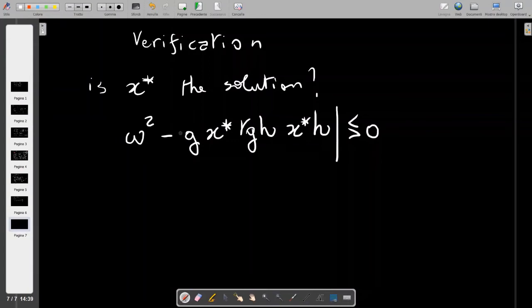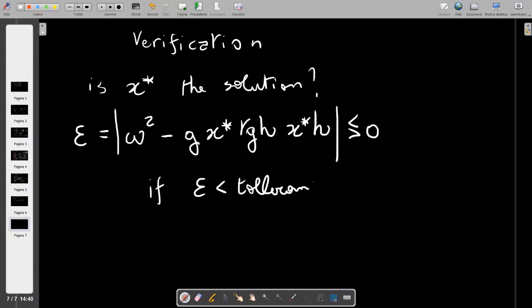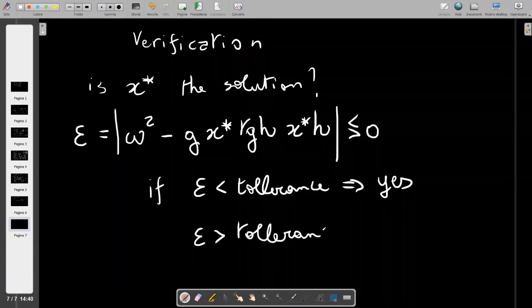We can compute this one, the absolute value, and if we can write this one as epsilon, if epsilon is lower than tolerance, then yes. Otherwise, if is too big, the answer is no. So we need to compute the absolute number, the absolute value of the function.